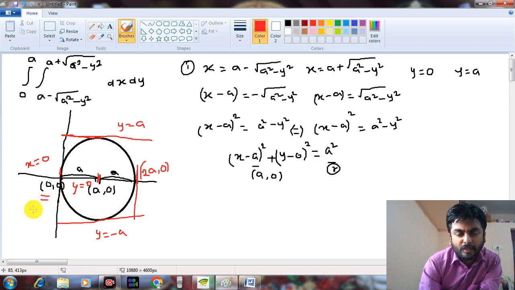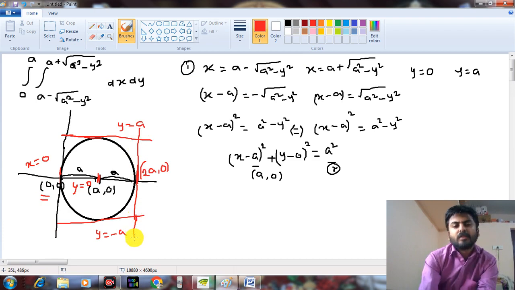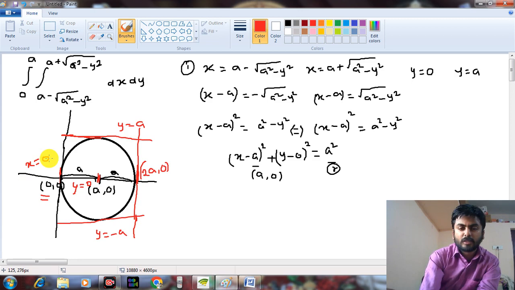If it touches the 4 points, then it will be a square. If it touches 2 points, it will be a rectangle. If it touches 3 points, it is a triangle. That is the main relationship between circle and square, circle and rectangle, and circle and triangle. So here we have enclosed a complete figure.